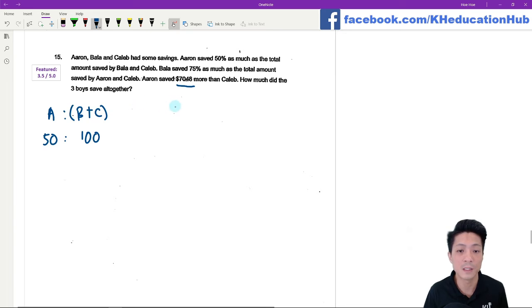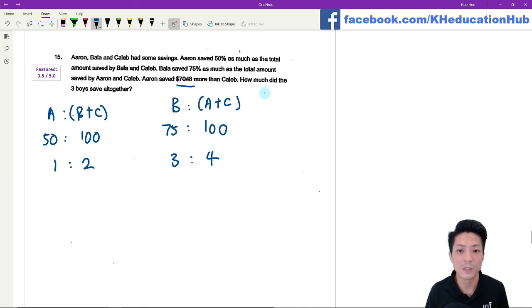Okay, the next thing is Bala saved 75% as much as the total amount saved by Aaron and Colette, which means that B is to A plus C is 75 is to 100. Okay, we're going to change it to the simplest form. Simplest form, this is 1 is to 2. Simplest form, this is 3 is to 4.